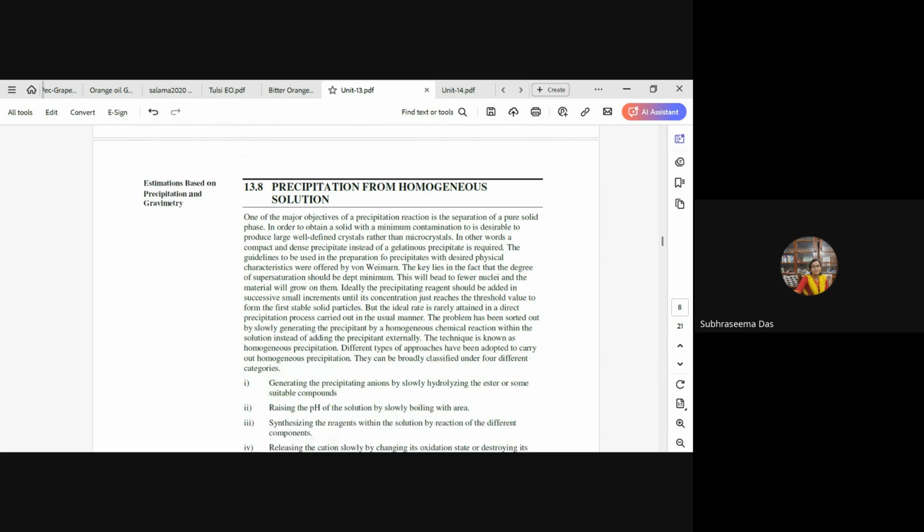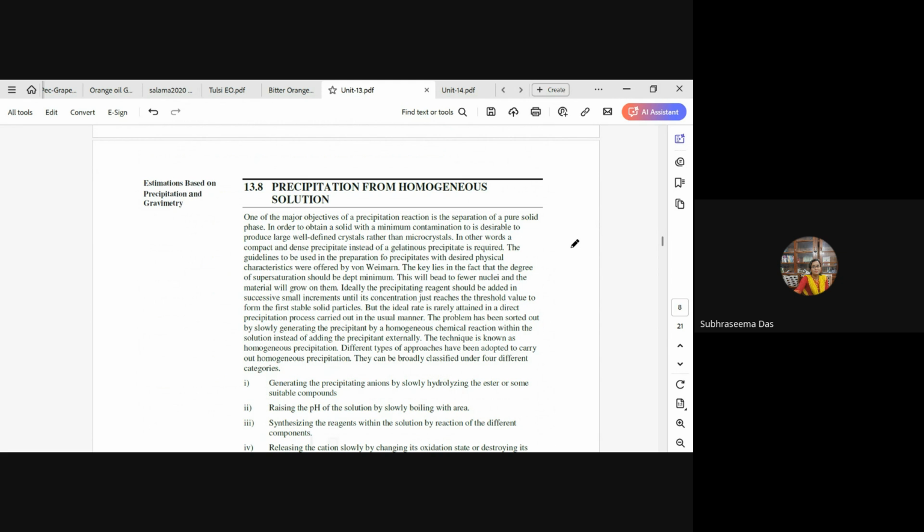Now we will talk about precipitation from homogeneous solution. One of the major objectives of the precipitation reaction is the separation of a pure solid phase. In order to obtain a pure solid phase with well-defined crystals, we need the contamination to be as low as possible. In other words, a compact and dense precipitate instead of a gelatinous precipitate is what we always want.